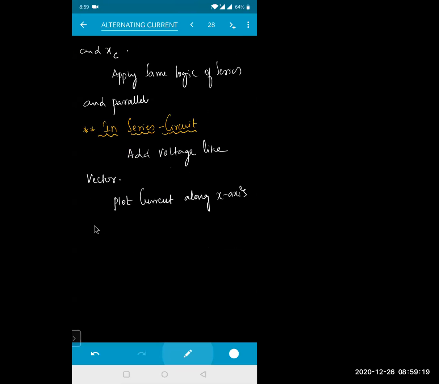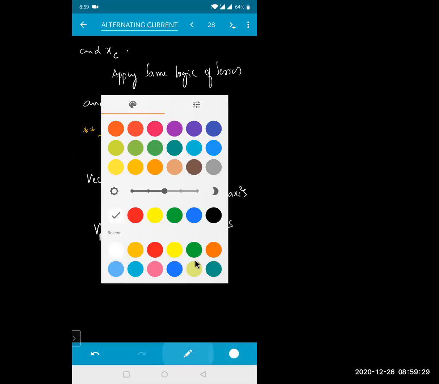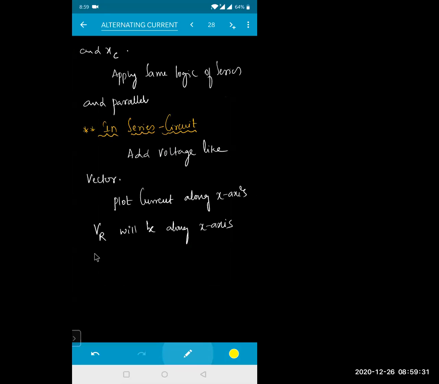So the potential across the resistor, VR, will be along the x-axis. Why? Because they are in the same phase, isn't it? Whereas the potential across the inductor, VL, is leading the current by how much?